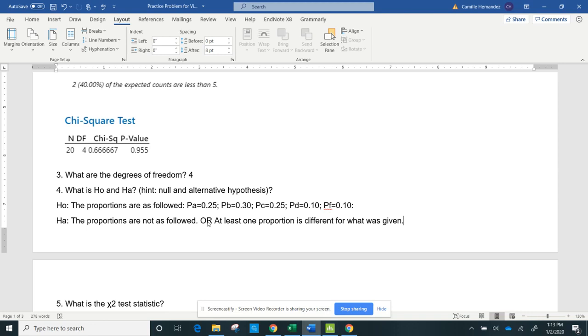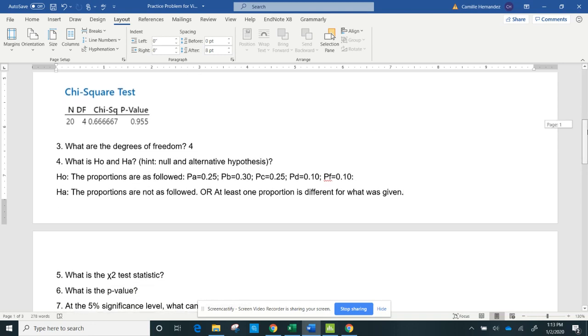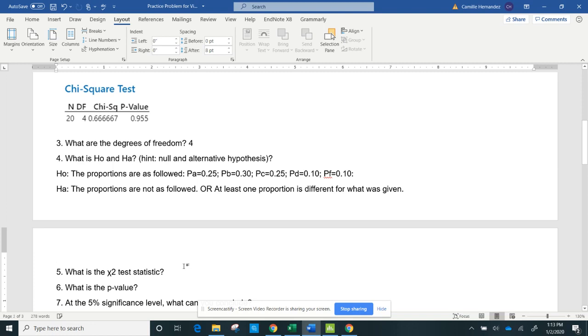I can't make the assumption of which one is, but I know that at least one's got to be different. So if I keep scrolling down, it gave me my chi-squared value, which was 0.666667. That's a big one. Or if I just want 3 decimal places, that would be good. Okay, p-value, 0.955.